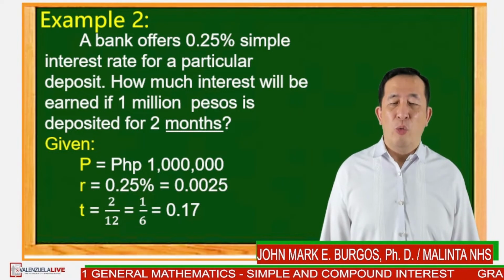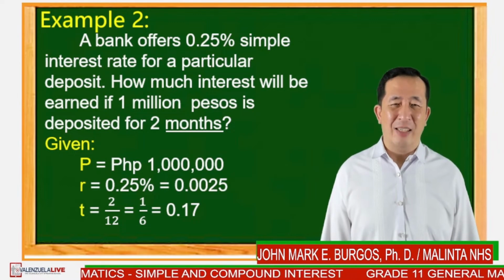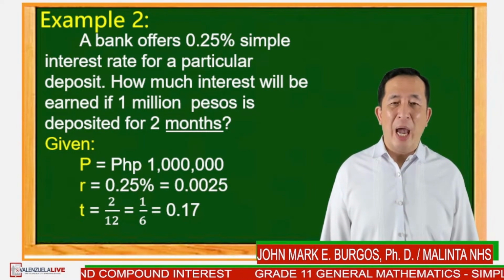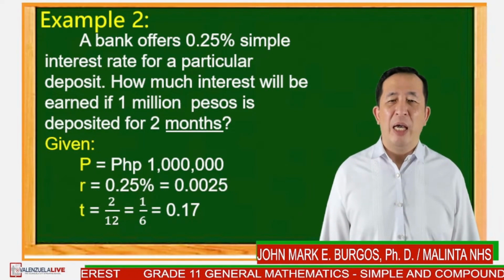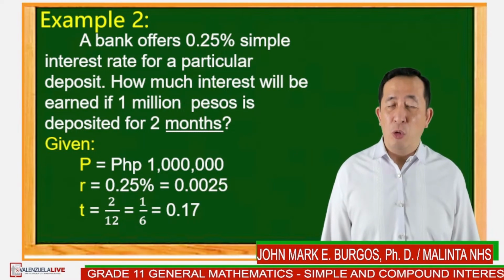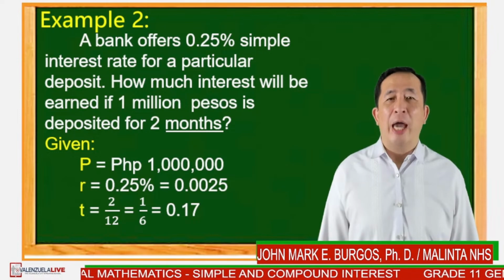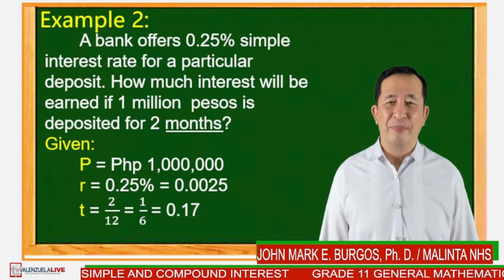Notice that we divided 2 over 12 because what is asked in the problem is 2 months. If that is 2 months, we have to divide that by the number of months per year. So that will be 2 over 12, and to simplify that, it will be 1 over 6, and to make it a decimal, it will be 0.17.